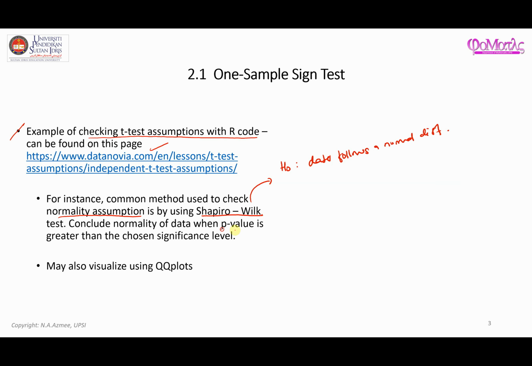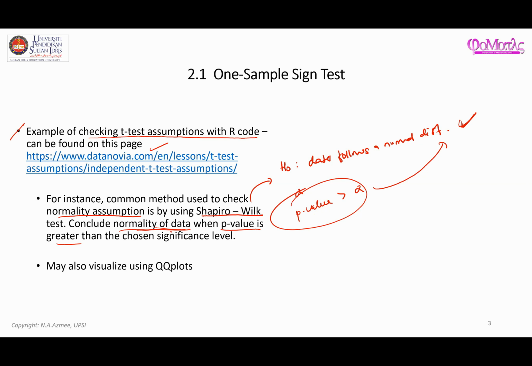Therefore, if you get p-value greater than the chosen significance level, so let's say alpha is your significance level and p-value here is greater than alpha, that means you can conclude normality of data, because you cannot reject the null hypothesis. You will have to accept the null hypothesis when p-value is greater than alpha. So this is something that you have seen before in parametric procedure.